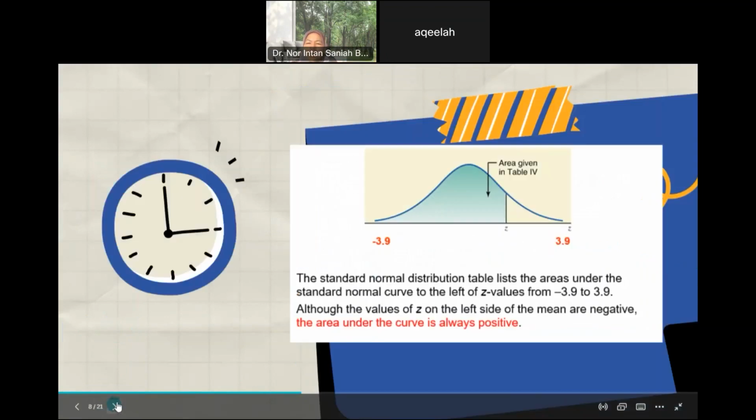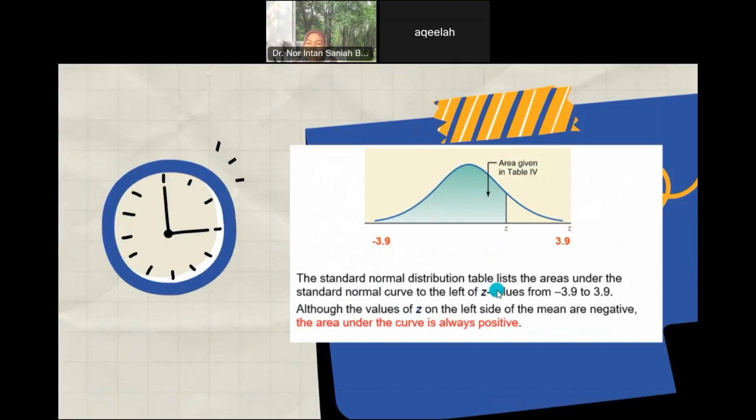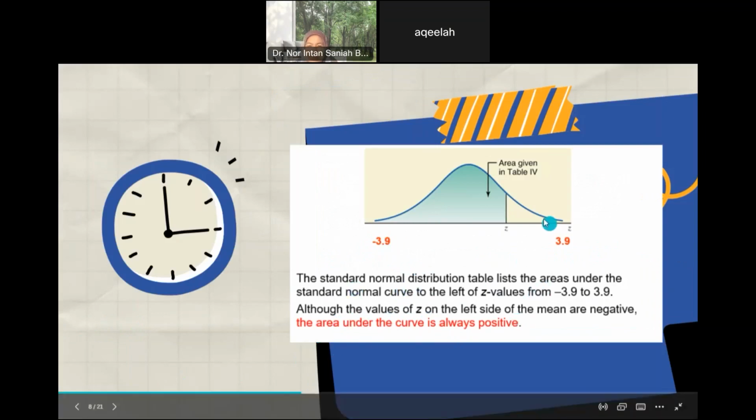Normally, the standard normal distribution table lists all the areas under the curve from negative 3.9 to 3.9. On the left are negative values and to the right positive values. Although the values of Z on the left side of the mean are negative, the area under the curve is always positive.